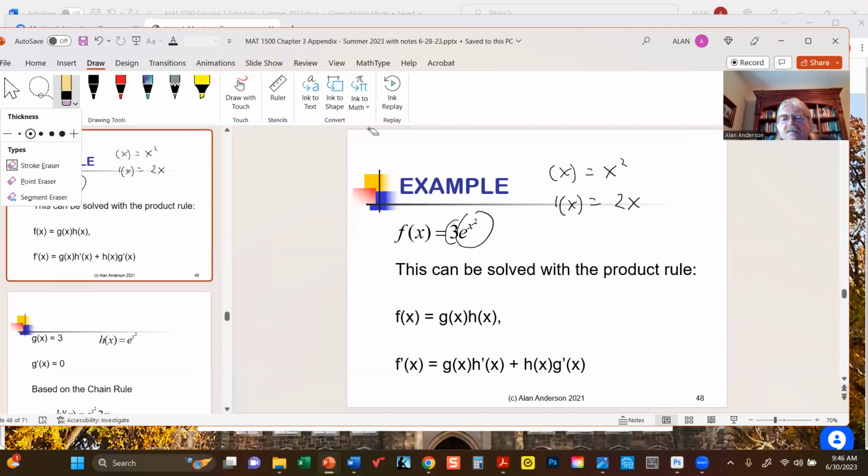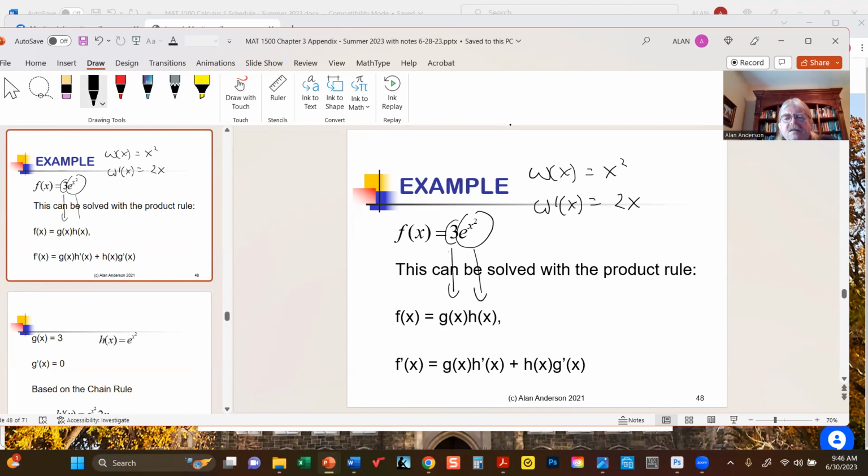I don't know, w of x, that'll do. So just for this. But ultimately what we're trying to do is think of this as a product rule, which means this is our g of x, and this is h of x.